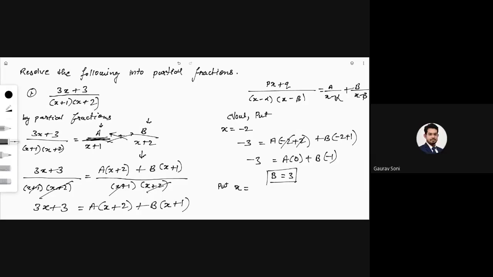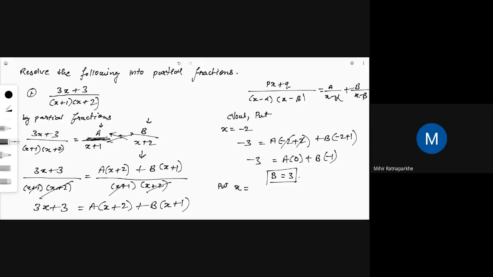Excuse me, sir. Sir, I did not understand why we took x equal to -2. That is what you have to identify. What made me put -2 over there? Sir, because we have to find the values of a and b, no? Yes.